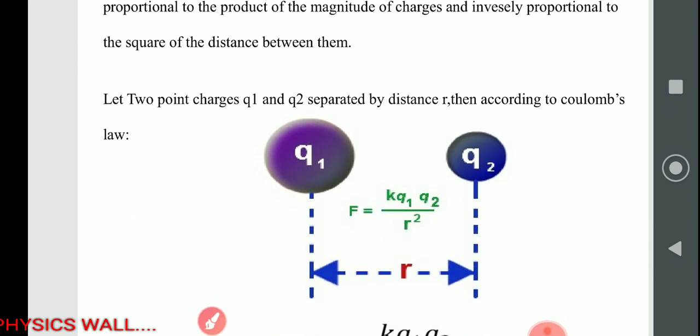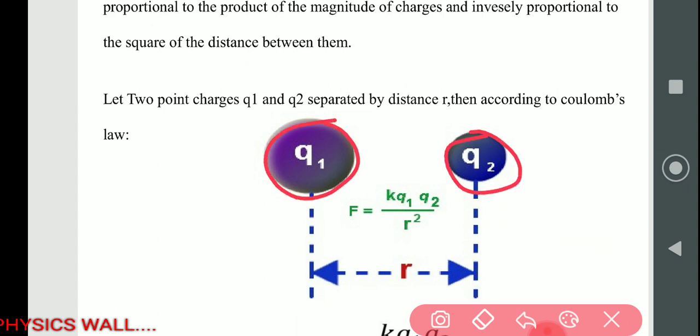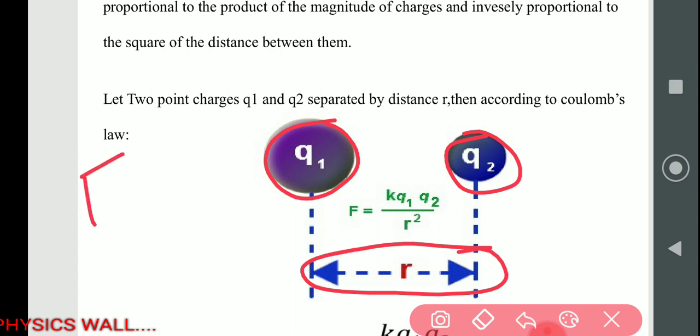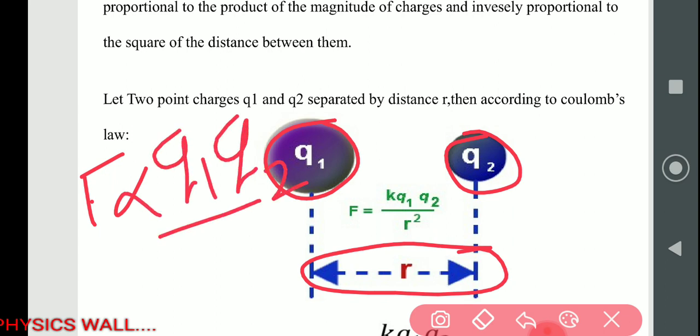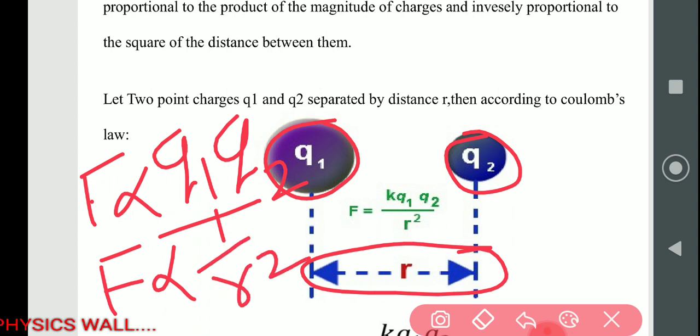So let us suppose we have two point charges Q1 and Q2 and the distance between them is R. According to Coulomb's law, the force between charged particles is directly proportional to the product of the charges and inversely proportional to the square of the distance between them.